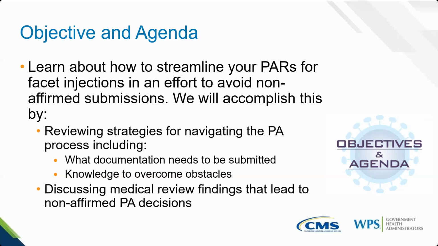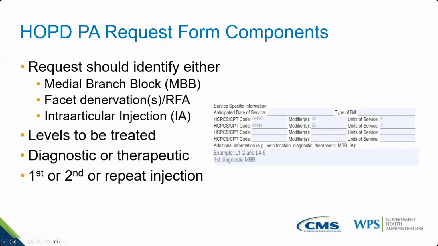Now, I am going to review the first couple of slides of yesterday's slide deck because it's pertinent information that we're going to refer back to as we go through some of these documentation examples. So we're going to start by talking about the prior authorization request forms for Facet interventions.